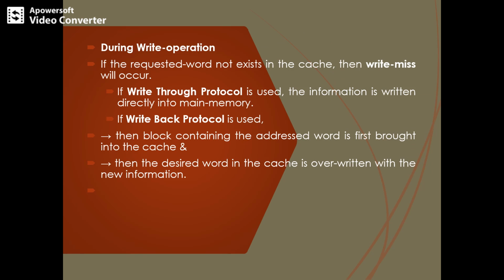Next is the write operation. During a write operation, if the requested word does not exist in the cache, then a write miss will occur. What is the meaning of write miss? The requested word does not exist in the cache.